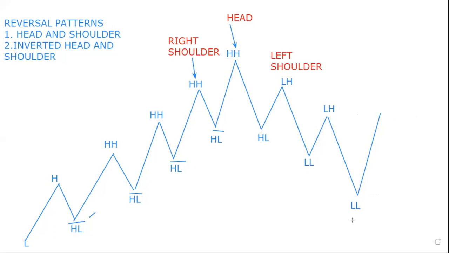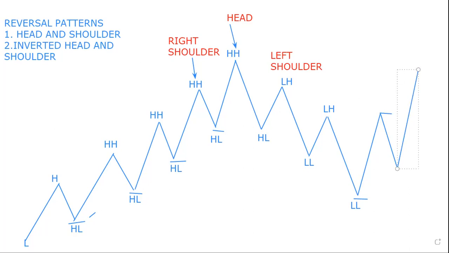So for us to change the direction, we are looking at price to form a new low lower than this region, right? But because price now comes to this area and forms a new low that is higher than this low, we wait for confirmation. We wait for price to break around this area to form a new higher high. So price forms a new high, which is higher than this high.